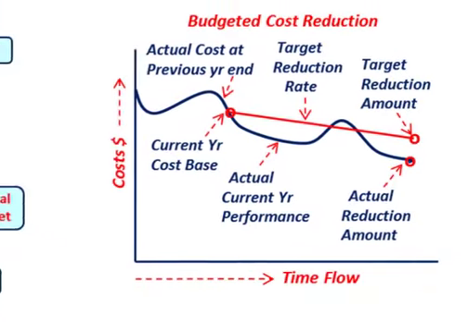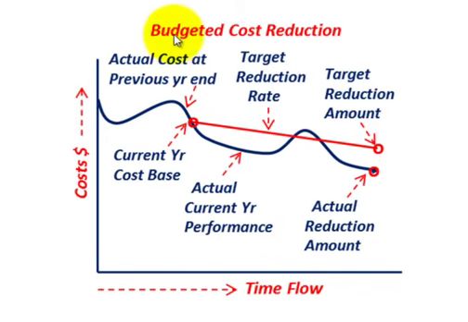Okay, so just an overview of what we're really getting at when we're talking about these budgeted cost reductions or cost improvements. Looking at a simple graph, we have our cost on our y-axis and our time on our x-axis, where time is increasing on the x-axis and costs are increasing on the y-axis.